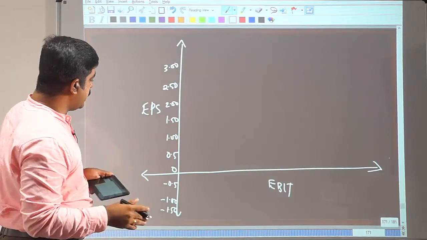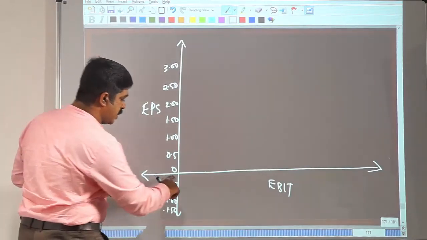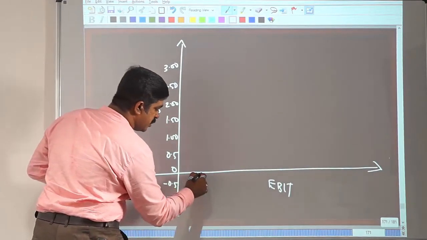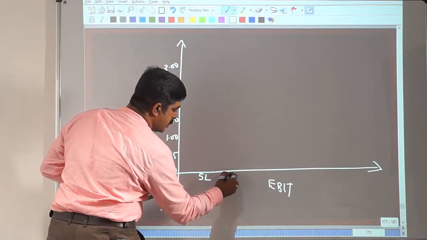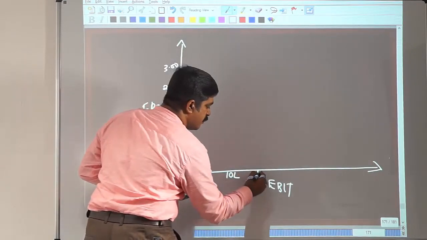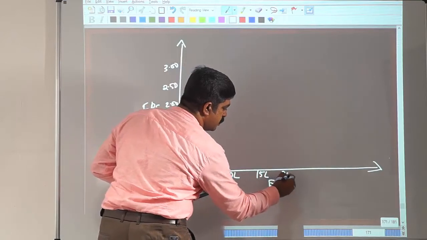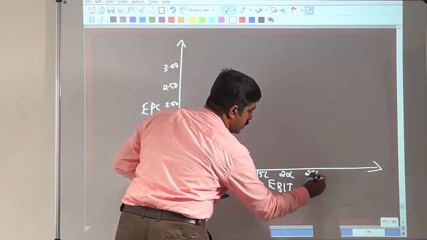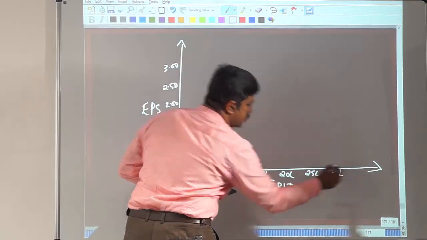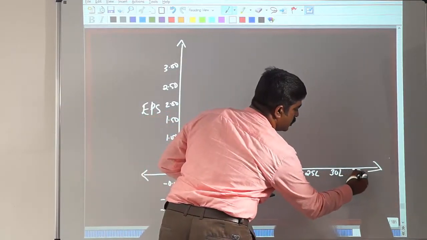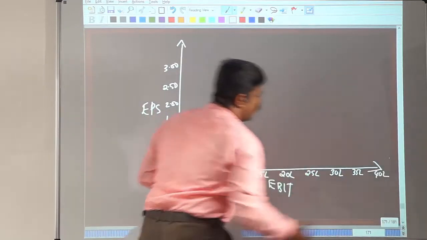On the EBIT, I'll start with 0, then 5 lakh, 10 lakhs, 15, 20, 25, 30, 35 lakhs, and it goes up to 40 lakhs.